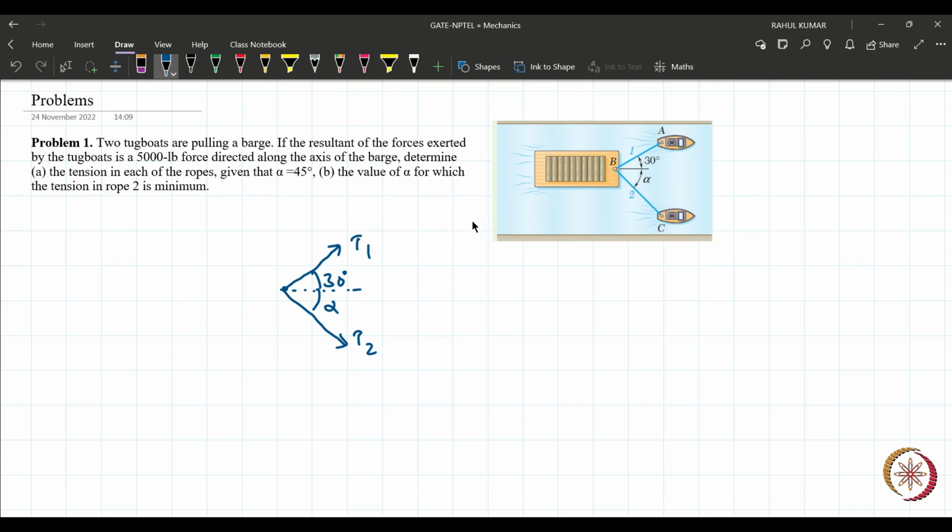Now it is saying that this force is the resultant, then definitely the resultant of these two tensions is 500 lb. So can somebody tell me if I apply 500 lb in this direction, what will be the situation? Obviously there will be an equilibrium. Are you satisfied?